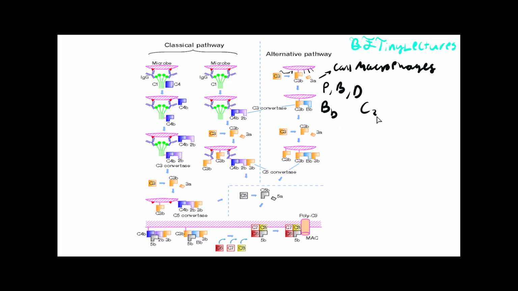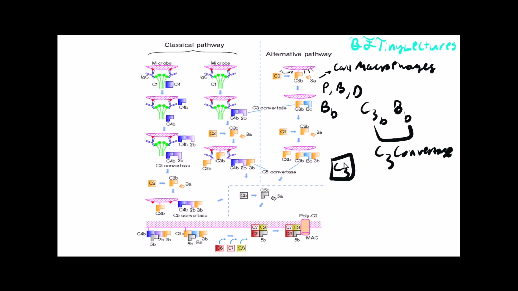So C3b plus binding protein B is going to create something called C3 convertase. And we already know what happens with C3 convertase. So here's C3 yet again. And in this example, we just regenerated C3.